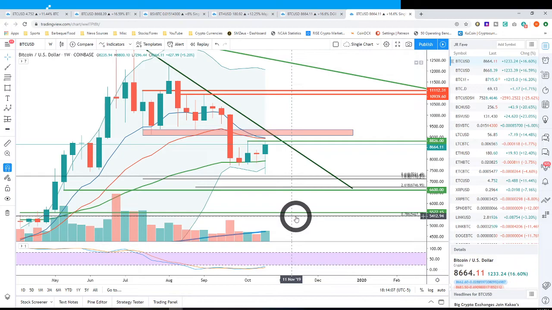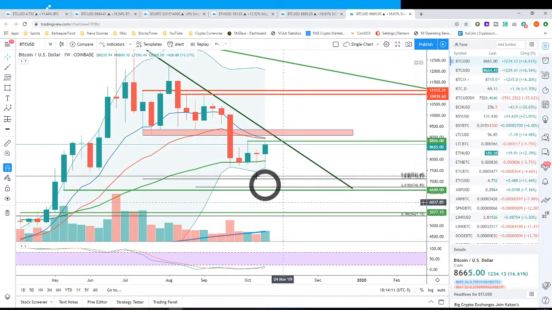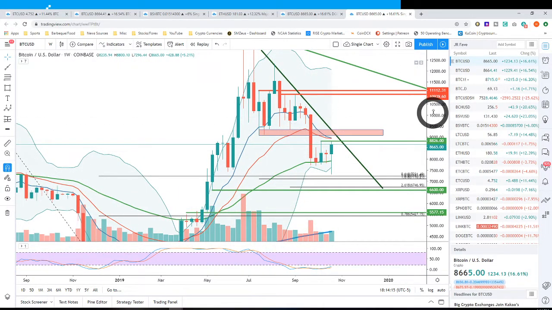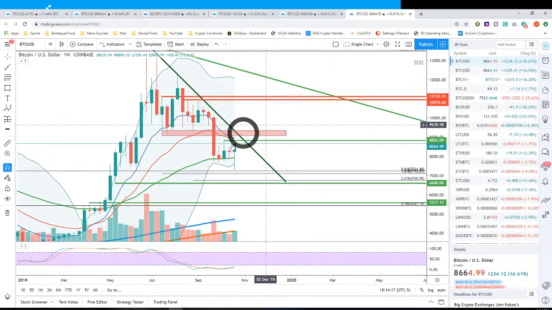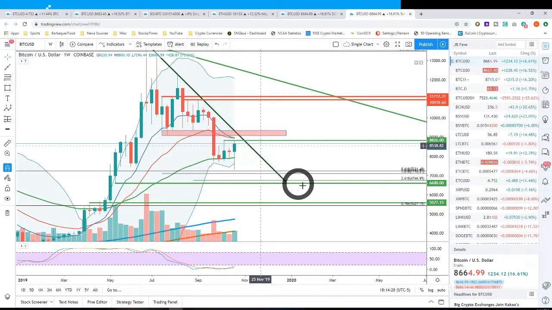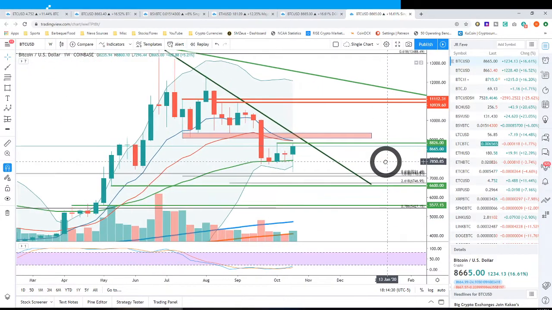And probably test 5,400. Which I did not want to see because that was going to be the end of the bull market, in my opinion. So we got what I wanted. We got the bounce off support, and now we're turning this thing around. Still have to get past all this resistance, but it's a good sign for now, right?